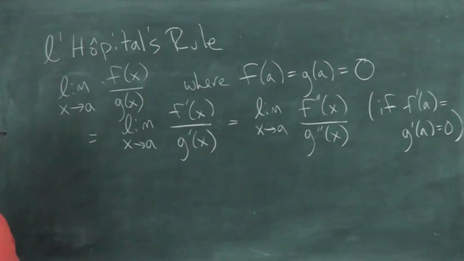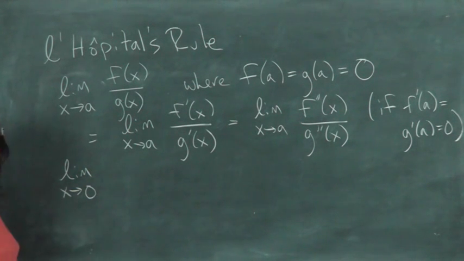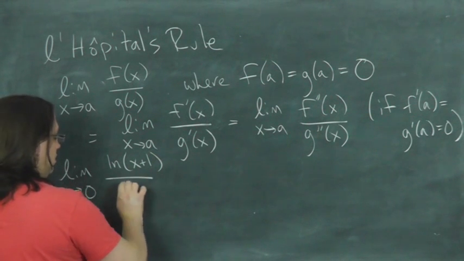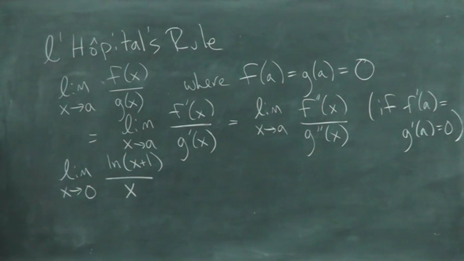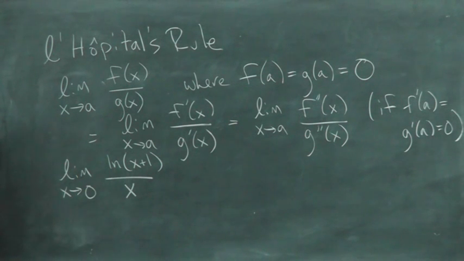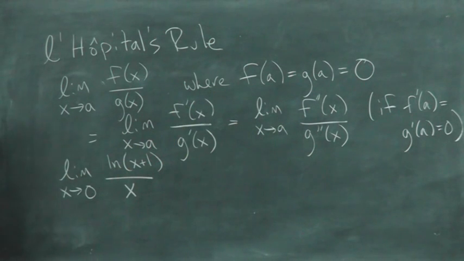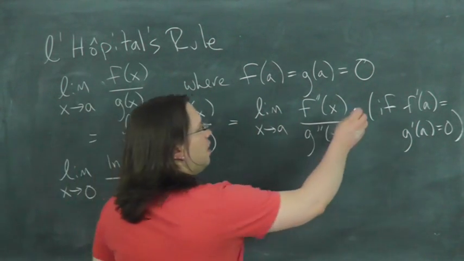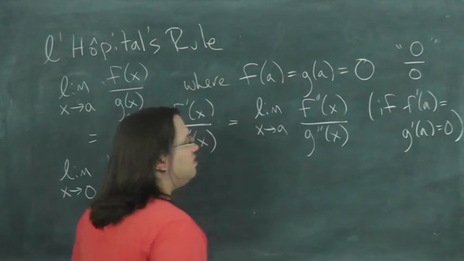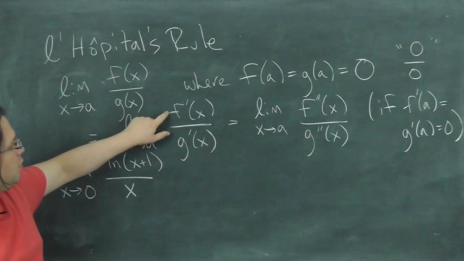So let's return to our example of the limit as x approaches 0 of the natural log of x plus 1 divided by x. So if we plug in x equals 0, we get the natural log of 1, which is 0, and then we also get 0 in the denominator. So we've satisfied this condition. This condition is often expressed by saying that we have a limit of the form 0 over 0. So what we do is we take the derivative of the top.